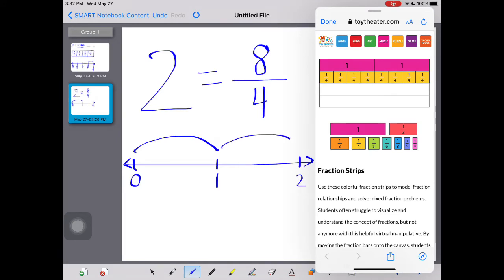So here we have 2 whole candy bars. From 0 to 1, we're going to divide this up into fourths, 4 equal pieces. And then from 1 to 2, we're going to divide that up into 4 equal pieces, just like this. And there you go. Now let's label it.